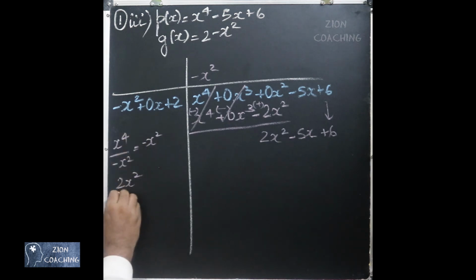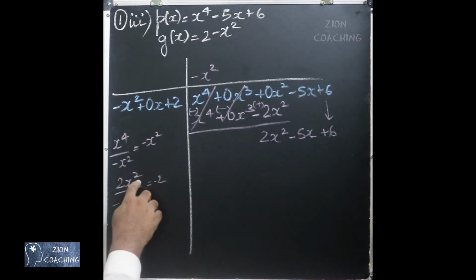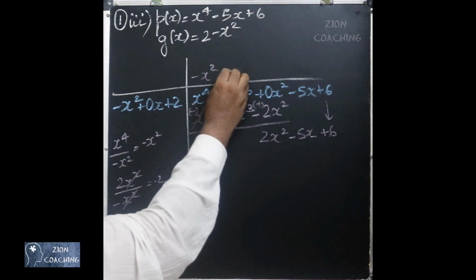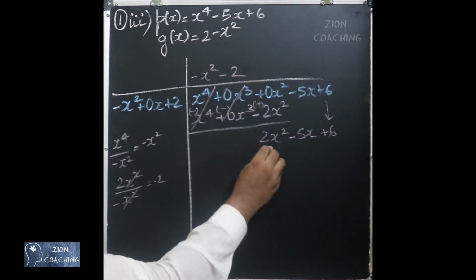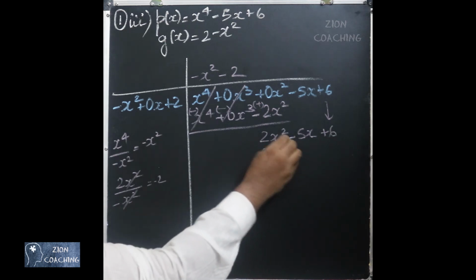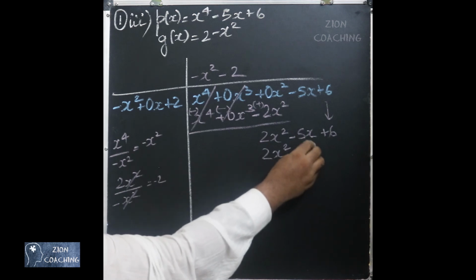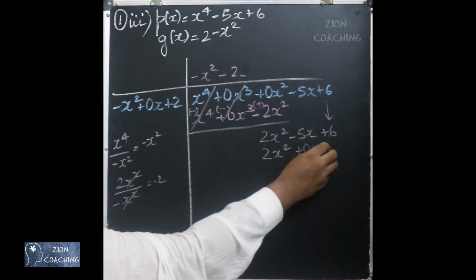You are going to divide by minus x squared. So 2 divided by minus 1 is minus 2. X squared and x squared will get cancelled. Now we are going to multiply the entire divisor by minus 2. Minus 2 into minus x squared is going to give you 2x squared. Then minus 2 into 0 is going to give you 0x. Minus 2 into 2 is going to give you minus 4.